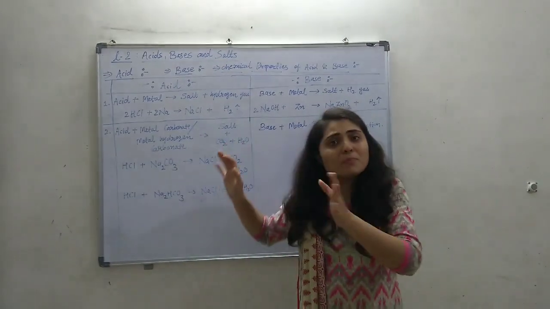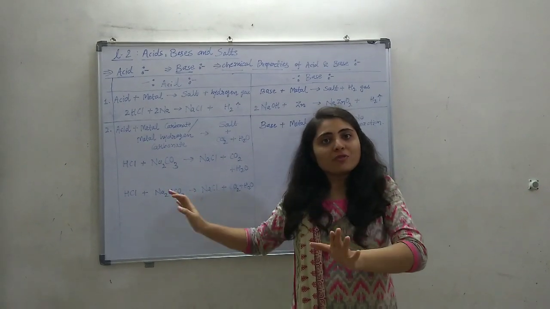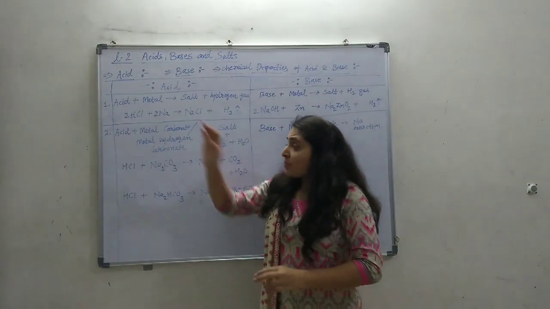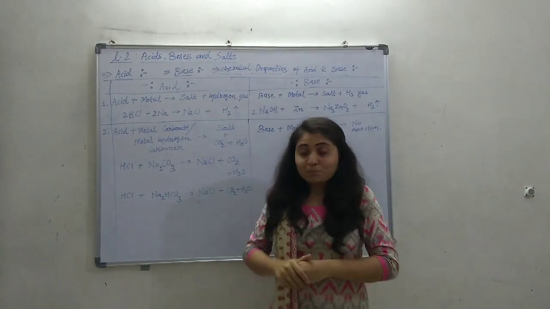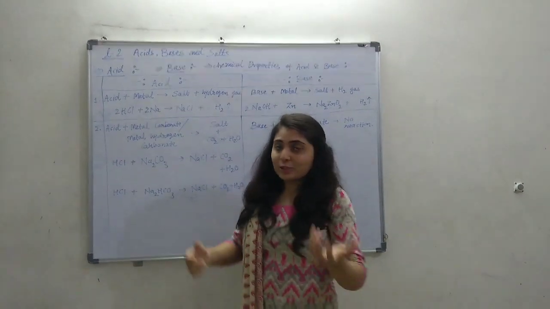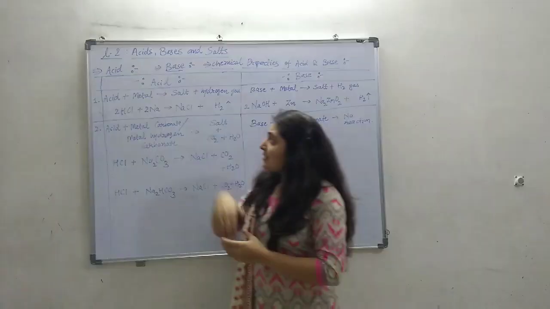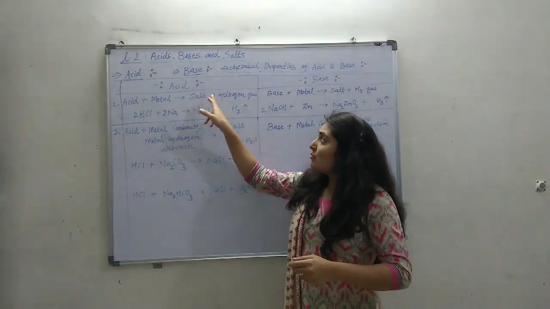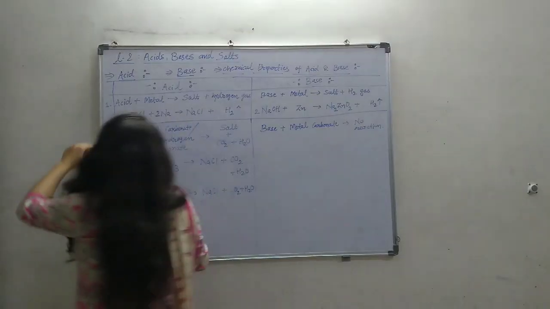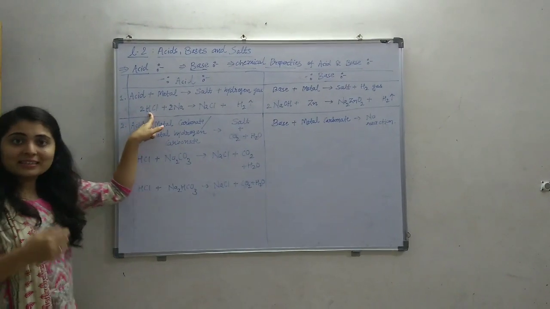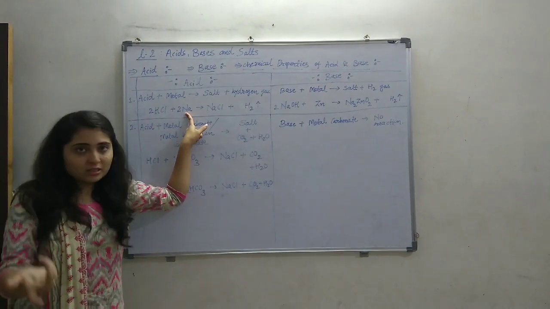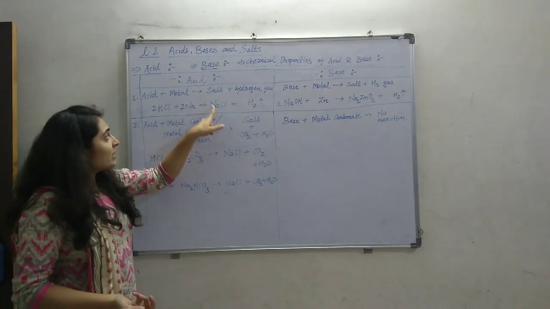Here some of the basic chemical properties of acid and base are given. First of all, how acid reacts with metal. Some of the reactions we have already learned in the previous classes. Acid plus metal gives salt and hydrogen gas. For example, we have taken acid as HCl, hydrochloric acid, with sodium metal.